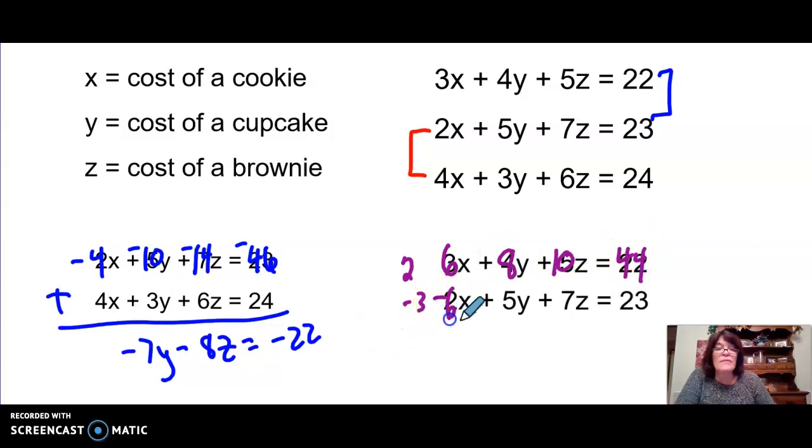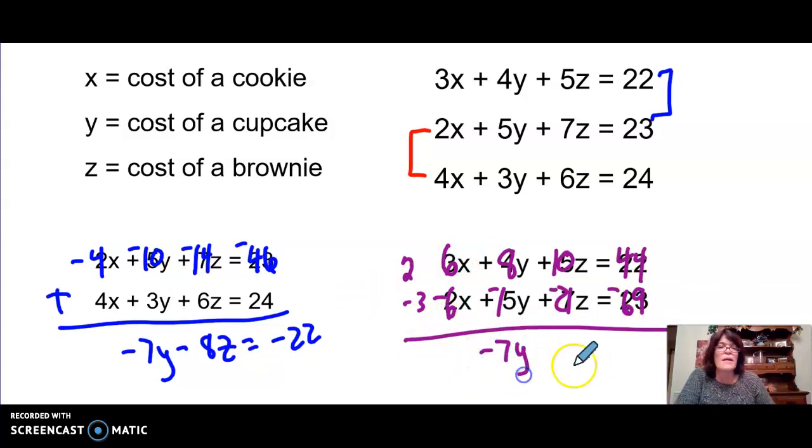This will give me -6x, -15y, -21z, and negative 69, I think. Okay. Adding these together then, the x's cancel. I get negative 7y, minus 11z equals negative 25. Okay?